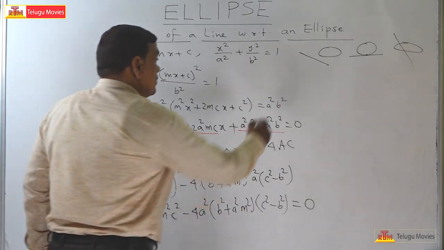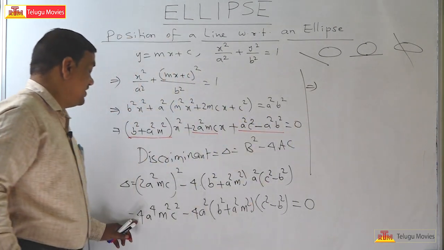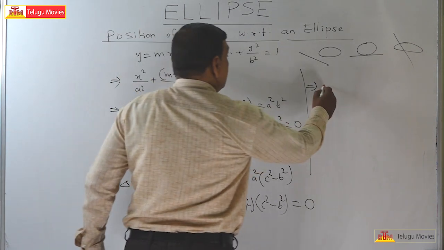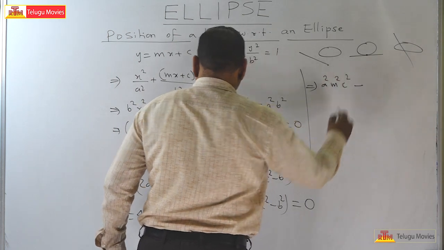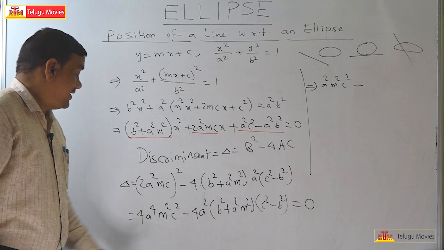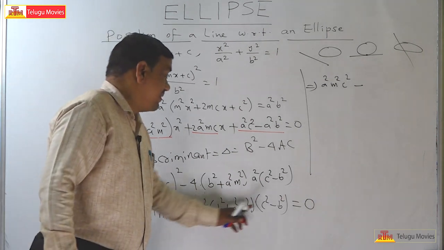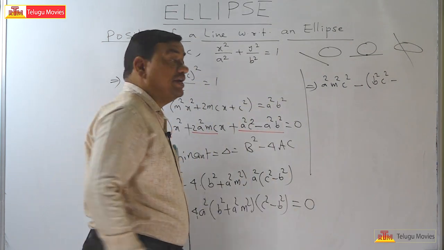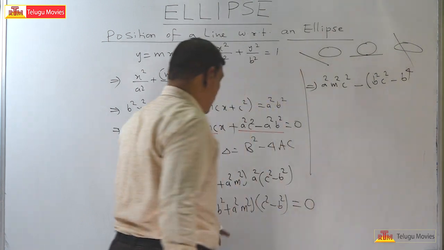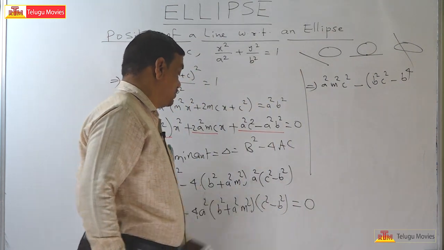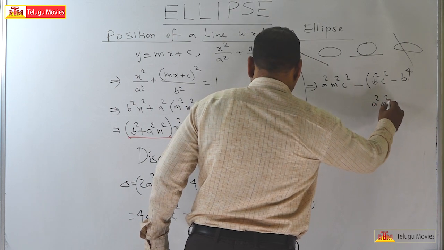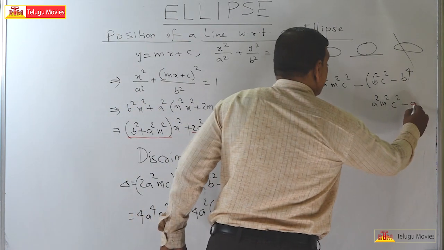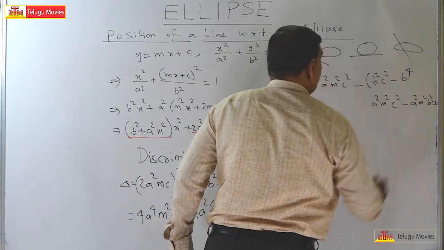So you will get a square m square c square minus b square c square minus b to the power of 4, and you multiply these two also, a square m square c square minus a square m square b square is equal to 0.